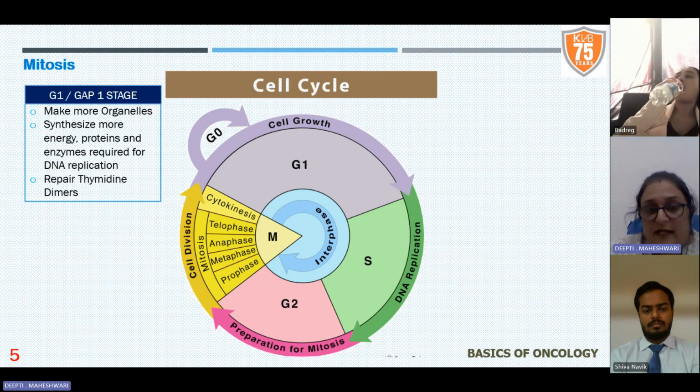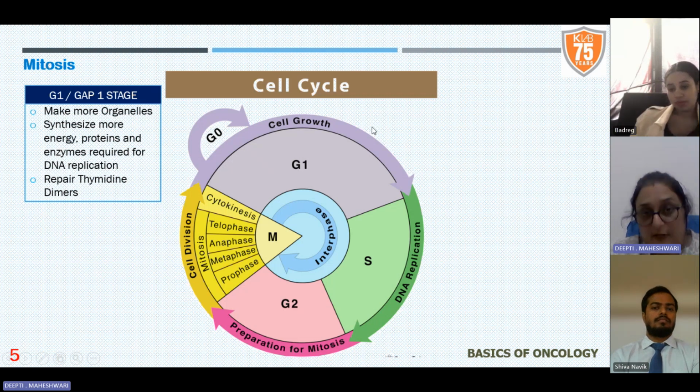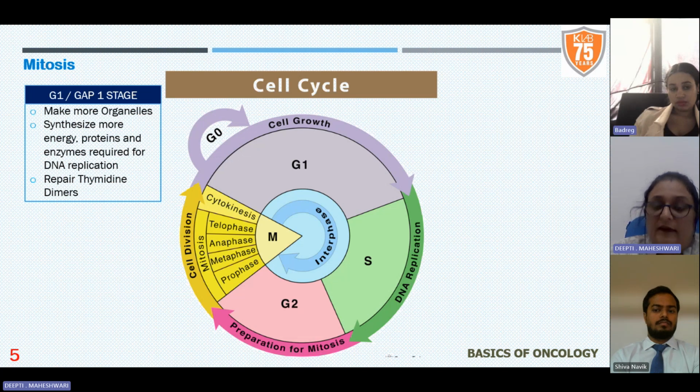The first phase, as you can see, is the G1 phase, also called the cell growth phase. So here, basically, the cell is preparing itself for cell multiplication. And when you talk about mitosis, what happens first is the DNA has to duplicate itself. So first DNA duplicates itself and then the remaining cell organelles divide and then two daughter cells are formed.